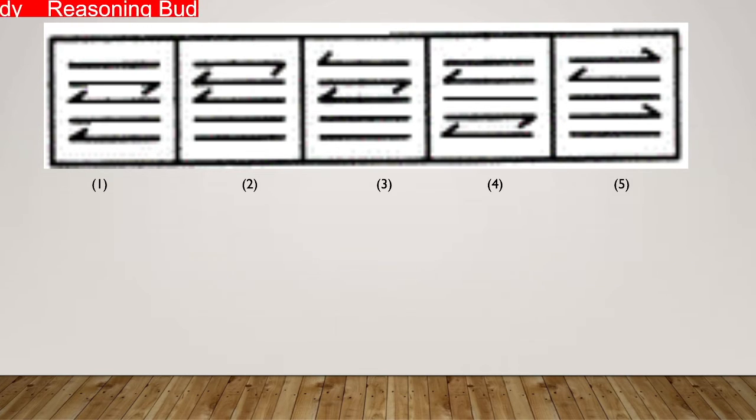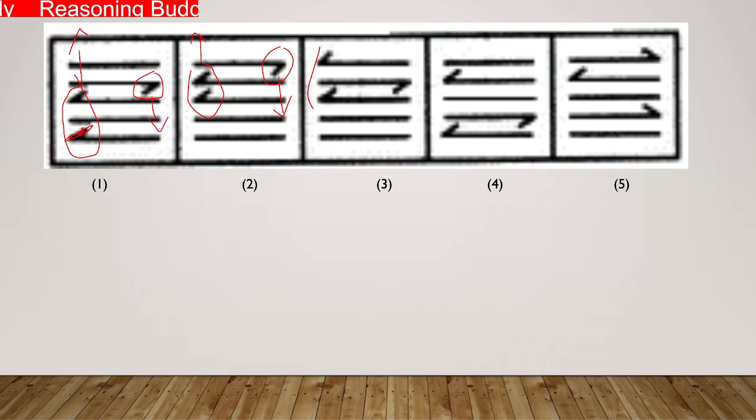Okay, time up. Okay, see here. In this figure, these two lines are facing towards the top and this one line is facing towards the bottom, which has this shape. Take this also as a line segment. Here also two are facing top and one is facing bottom.